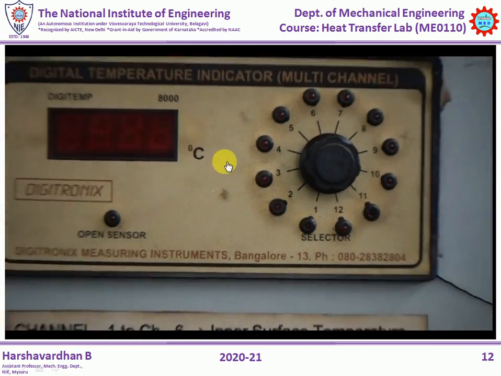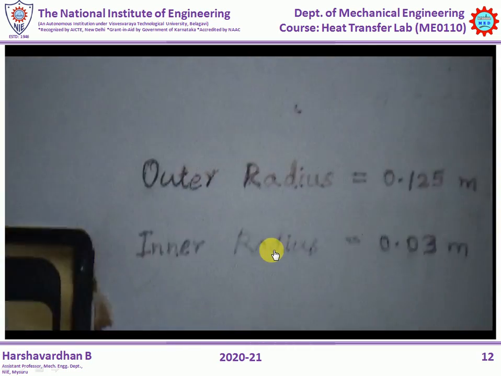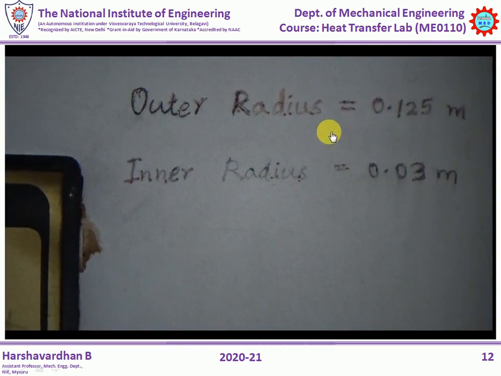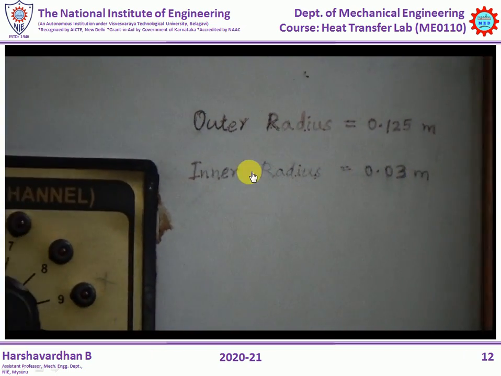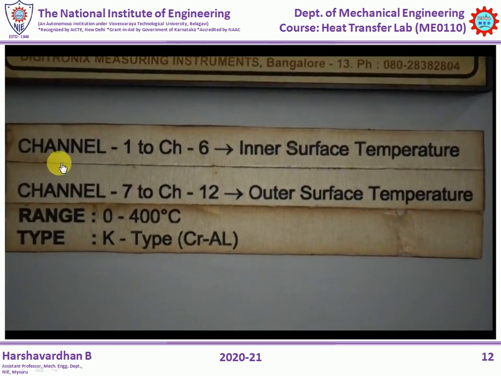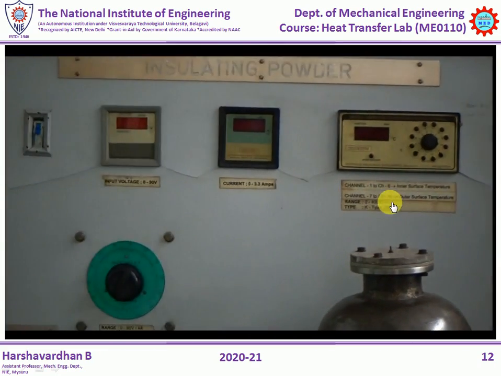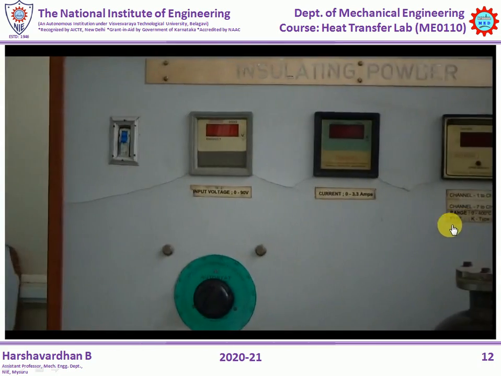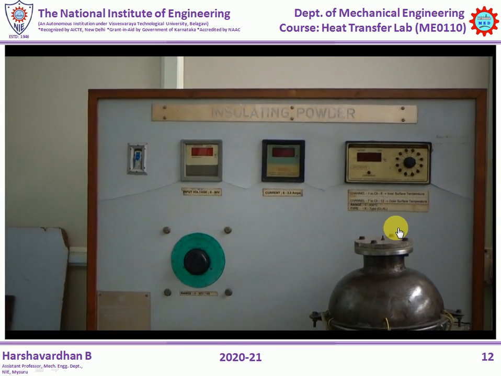This is the temperature indicator. Here it is written that the outer radius is 0.125 meter and the inner radius is 0.03 meter. The meaning is that the inner diameter is 60 mm and the outer diameter is 250 mm. Thermocouples 1 to 6 indicate the inner surface temperature, and channel numbers 7 to 12 indicate the outer surface temperature.